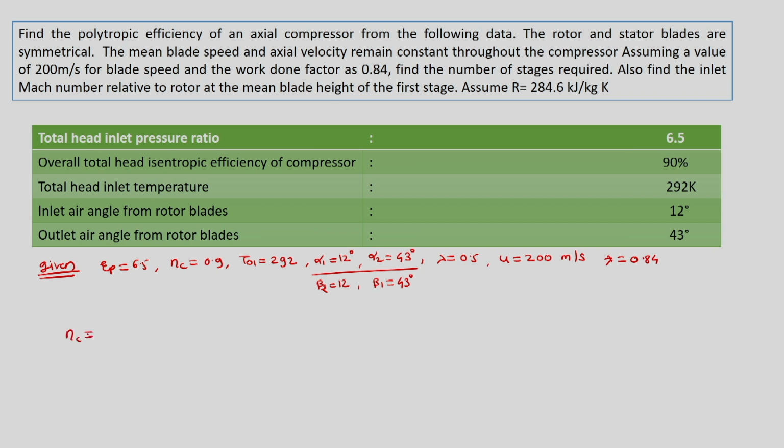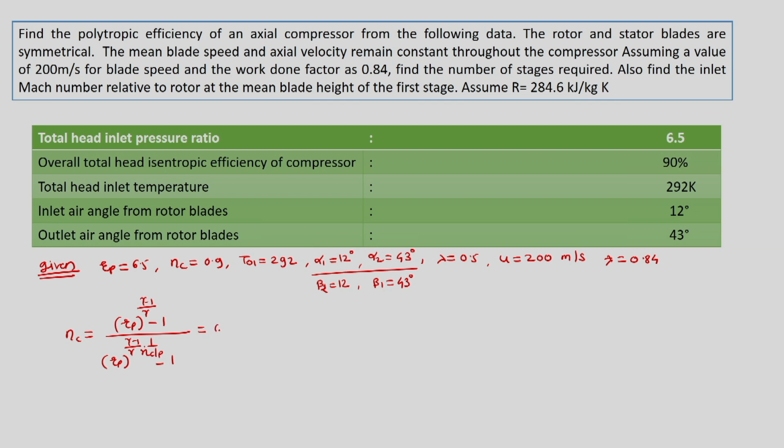We know the isentropic efficiency of an axial compressor can be written as Rp raised to gamma minus 1 upon gamma, minus 1, divided by Rp raised to gamma minus 1 upon gamma into the compressor's polytropic efficiency, its reciprocal, minus 1.